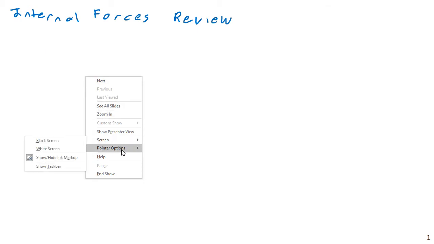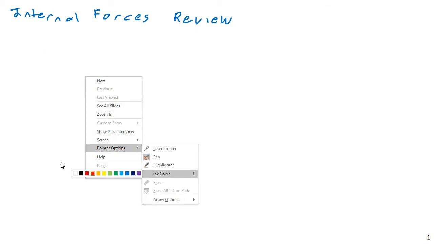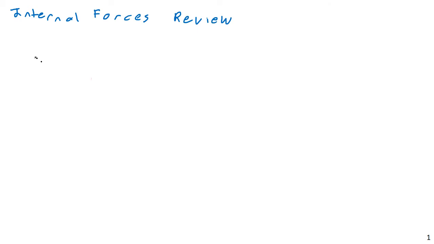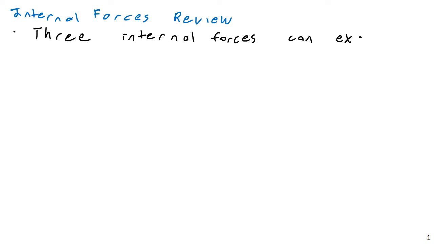Essentially, there are 3 internal forces that can exist in a member. At least 3 main ones. Torsion can exist within a member, although we don't typically deal with that in structural analysis, because we're typically talking about frames, usually 2D frames.